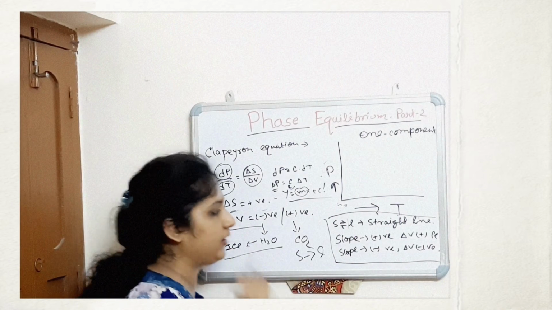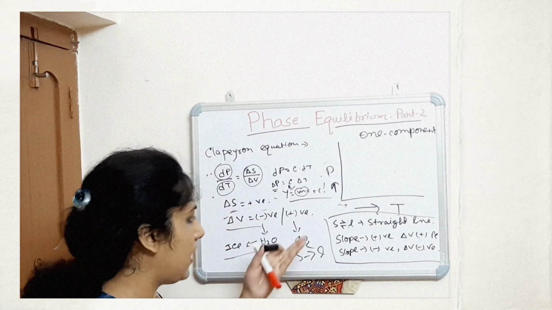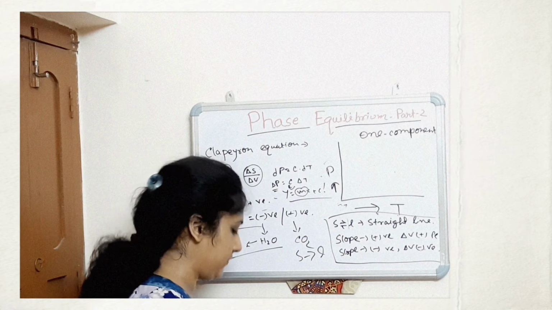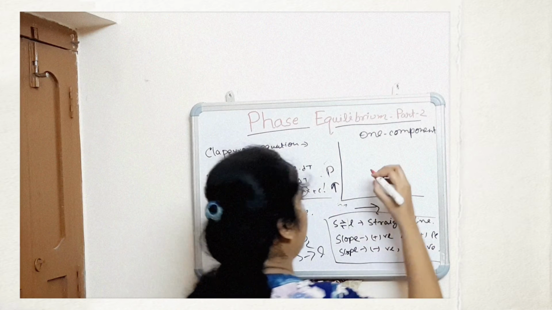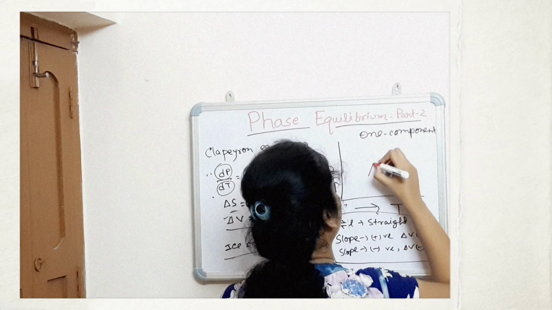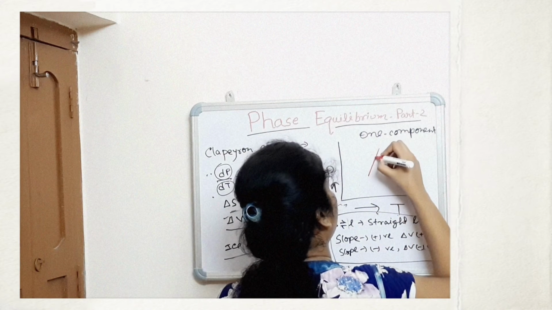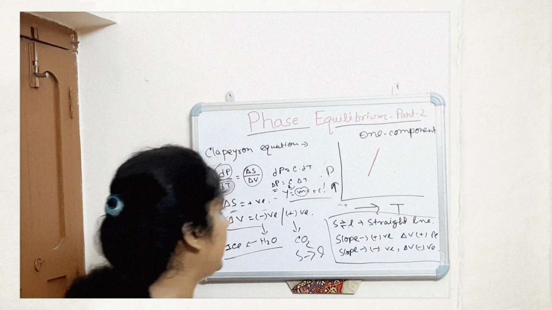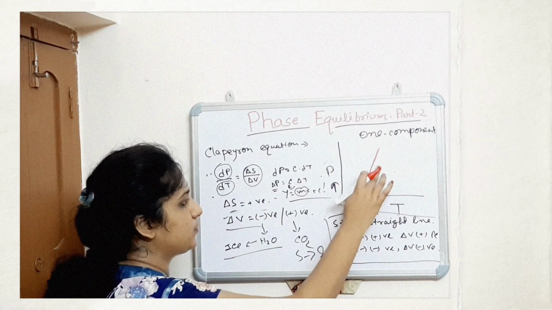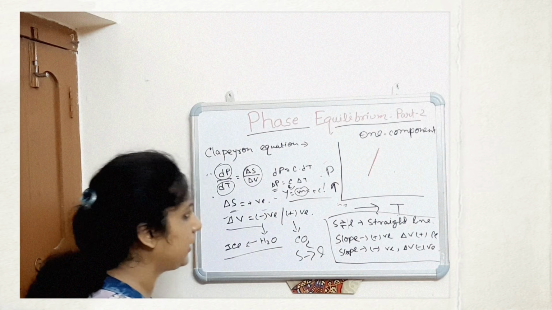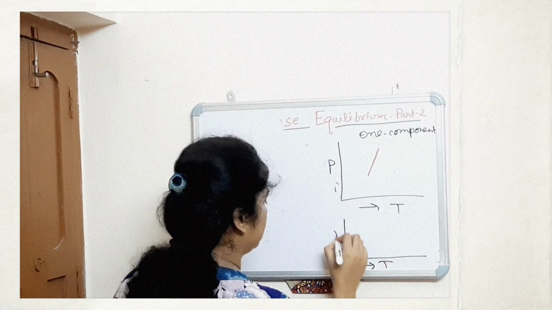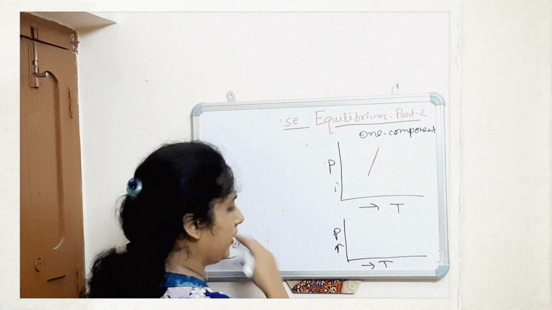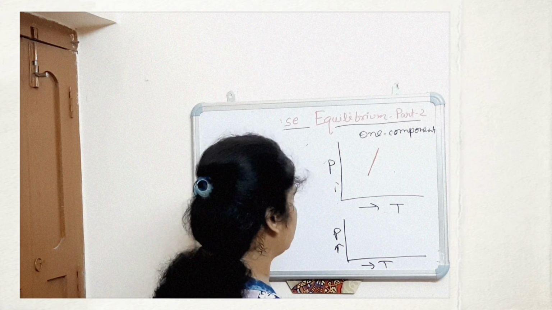So now you can draw the plot of the SL curve, that is the solid liquid equilibrium curve, and this is a straight line plot. This is one plot, where the slope is positive. When the slope is positive, the curve is like that. But in parallel, you can also draw a PT diagram when the slope is negative.